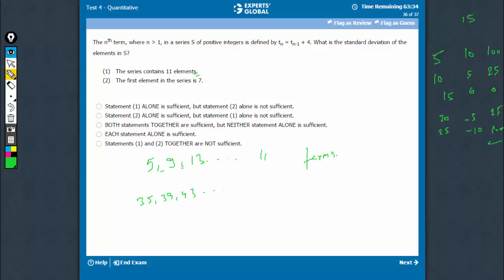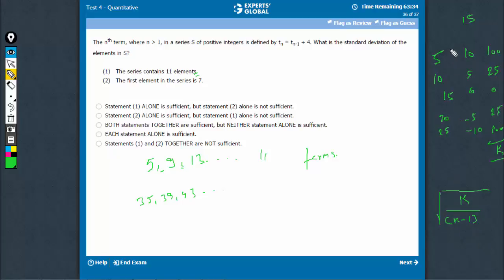Then their sum is calculated, let's call it k, and the square root of k divided by n minus 1 is the standard deviation.